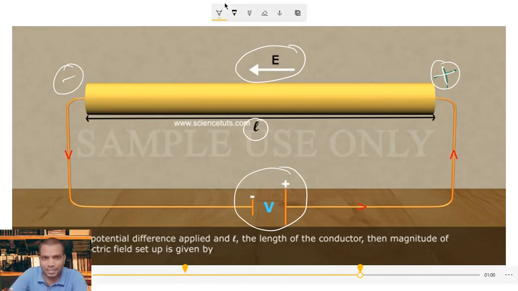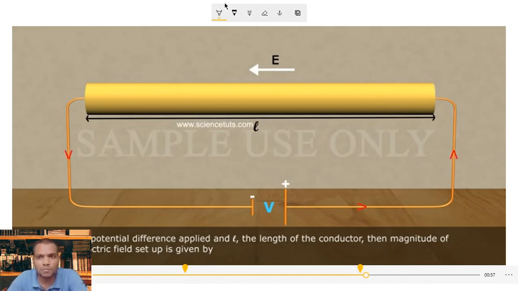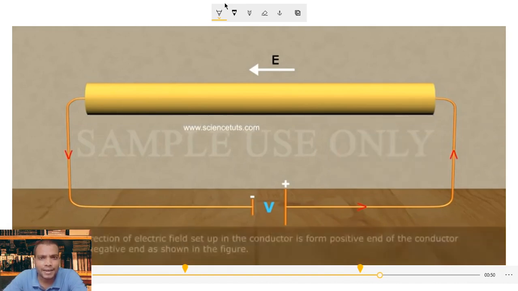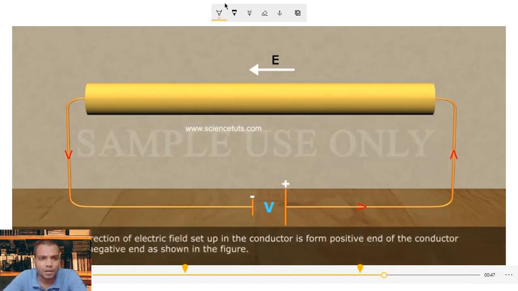Now what is the direction of the electrons? The electrons will move from negative to positive inside the conductor. Now they will move in one particular direction, and that direction is because of the external electric field.